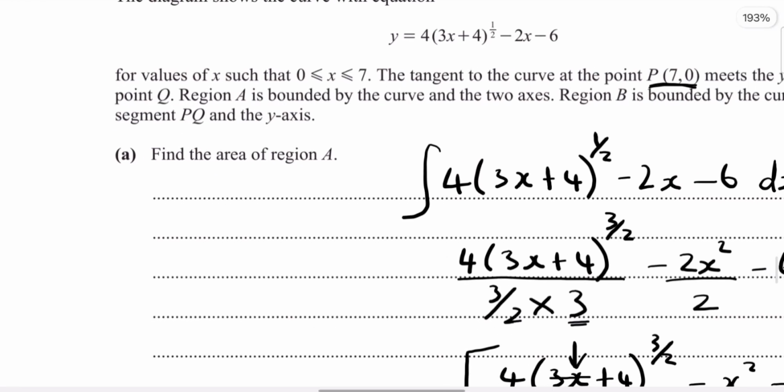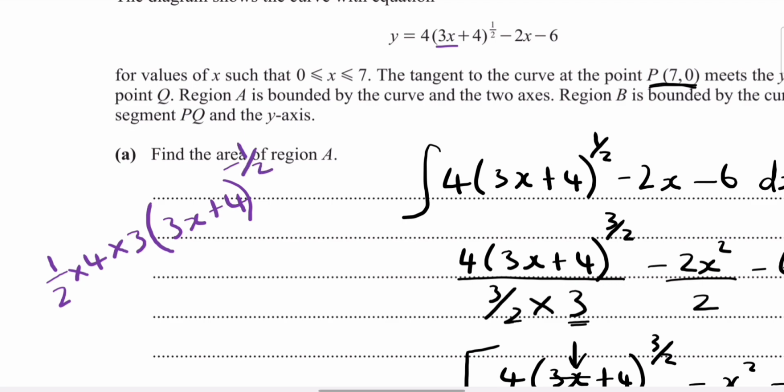Differentiating that now, we take the power down, multiply by 4, then multiply by the derivative of the bracket again. So when you're differentiating, we multiply: 3 times (3x plus 4) to the power, then you subtract 1 from the power, so it will be minus half.